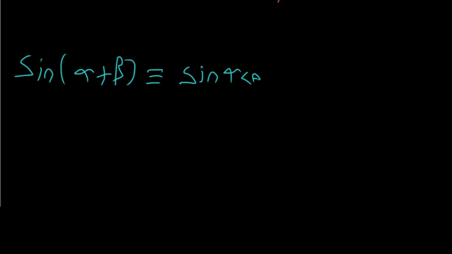We can prove, in fact, that sine of alpha plus beta, as we know, is going to be sine of alpha cos of beta plus cos of alpha sine of beta. Okay, so that's a really nice proof of this result.